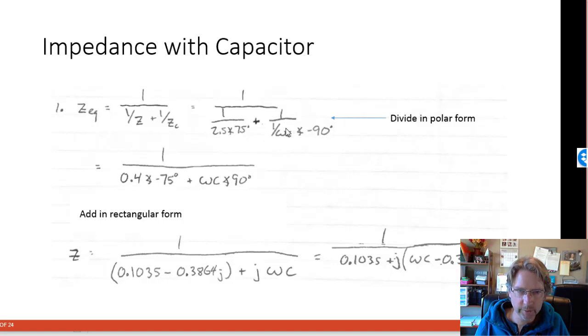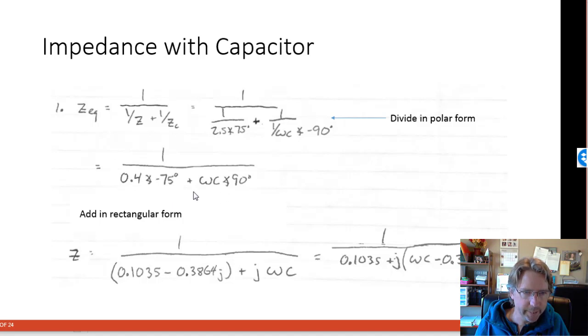So it's 1 over a bunch of 1 overs here. We're going to do this division in the polar form, and we get down to this next line. So 1 over 2.5, where we get the 0.4, and a phase of 0 minus the phase of 75, we get a phase of minus 75. 1 over 1 over omega c gives us omega c, and the 0 minus 90 gives us the plus 90. So here is the total impedance of our factory with the capacitor.